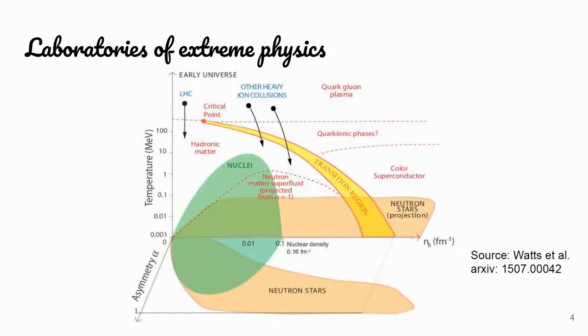Among those extreme phenomena are, for example, phase transitions. For example, the matter inside of a neutron star at some point, for example in the core, changing its phase from nucleonic or hadronic to some strange matter, like quark matter.